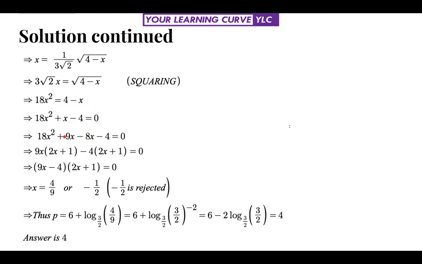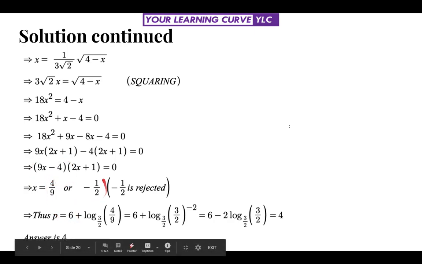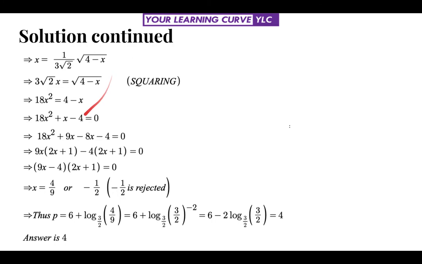Transfer everything to the LHS, you get 18x squared plus x minus 4. Factorize this quadratic, it is an easy quadratic, you get (9x minus 4) times (2x plus 1). From here you get two values of x, one is 4 by 9 and another is minus half. This minus half is rejected because we cannot take log of negative numbers.